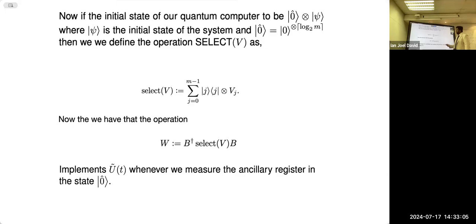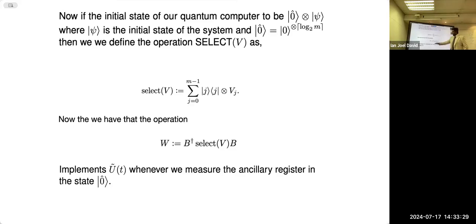And what does select V do? Select V is just this unitary operation, and all it does is whenever the first register is in the state j, it will apply Vj. That's all it is. It's kind of like a large operation that's applying controlled Vj gates. That's all it's doing, right? And it's taking the sum of those, right?